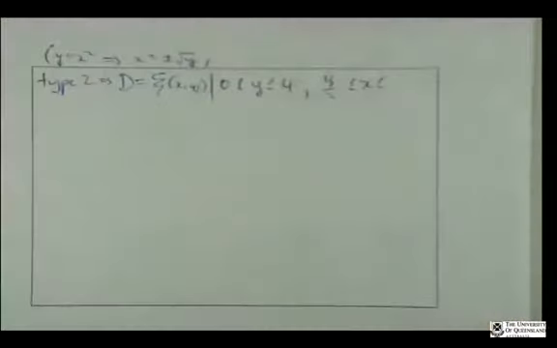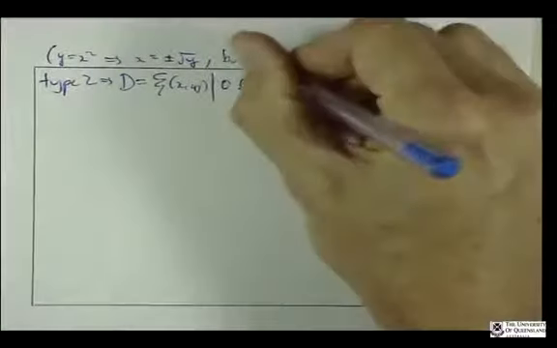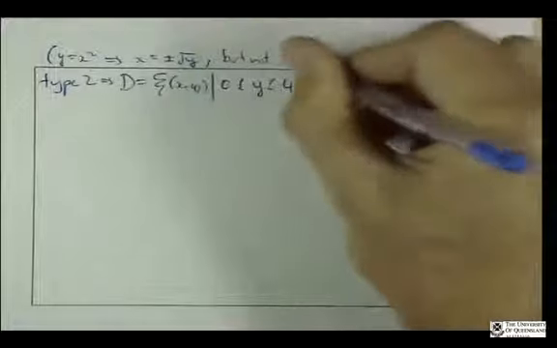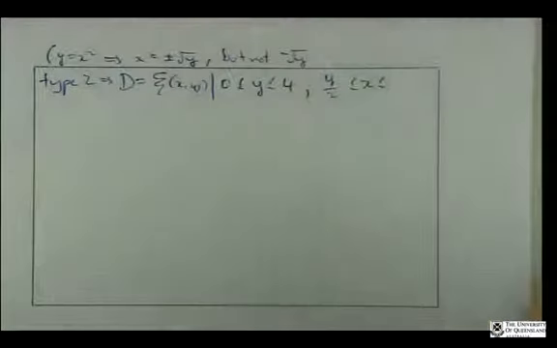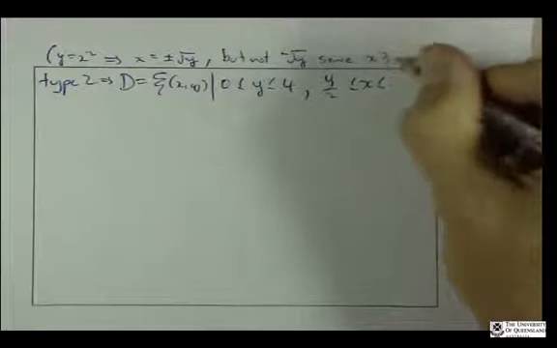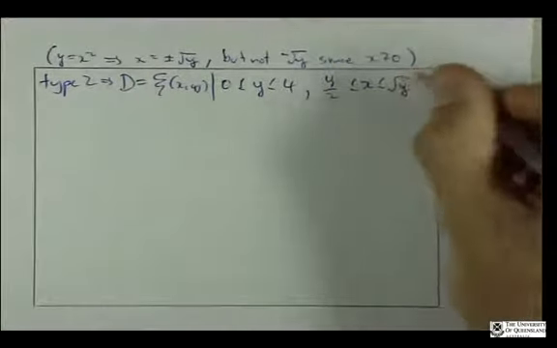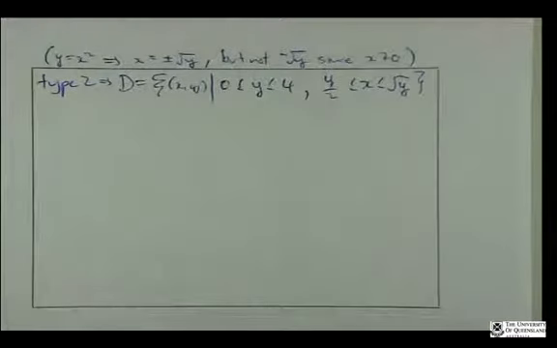Okay, but in this case, because we're only interested in positive values of x, we don't take the negative square root. Okay, so we can just point out at this stage that we don't take the negative square root since we're only interested in positive values of x, or non-negative values. All right, so that means then the upper bound will just be points on this parabola, y equals x squared, but expressed as x equals the square root of y. So I'll write square root of y as the upper bound for x.